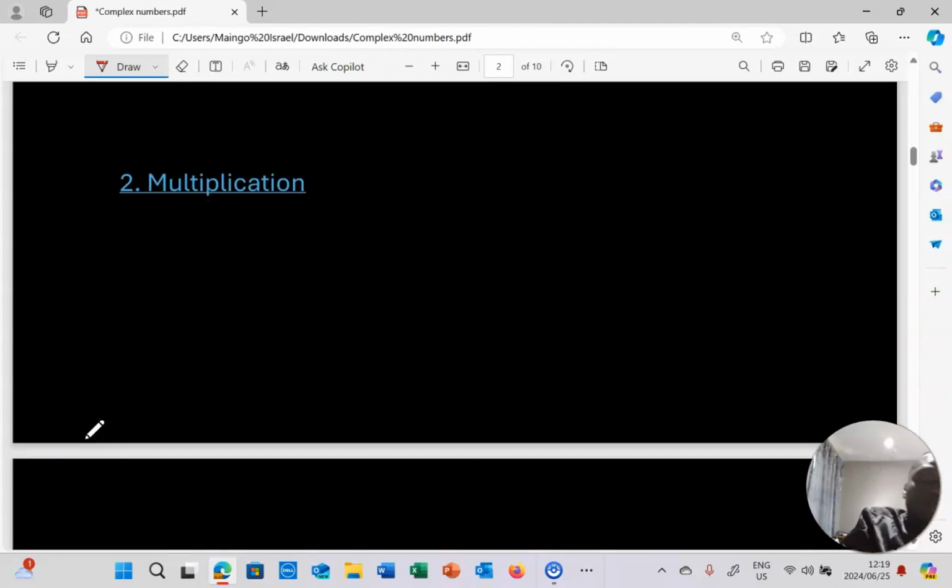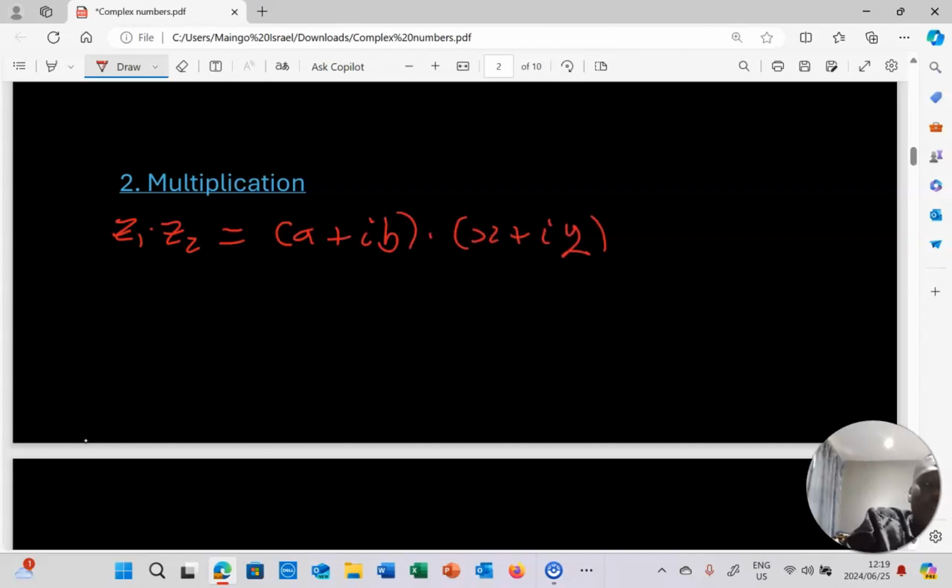Multiplication. Two complex numbers can be multiplied together. So z1 can be multiplied with z2. This is equal to a plus ib times x plus iy. We multiply as usual, the way we multiply two binomials.